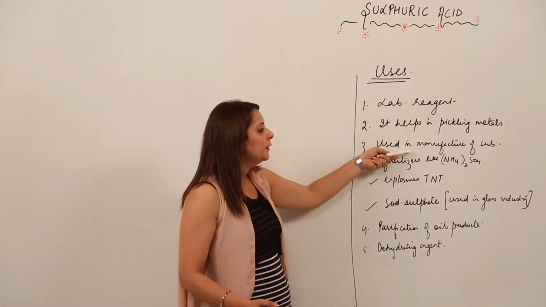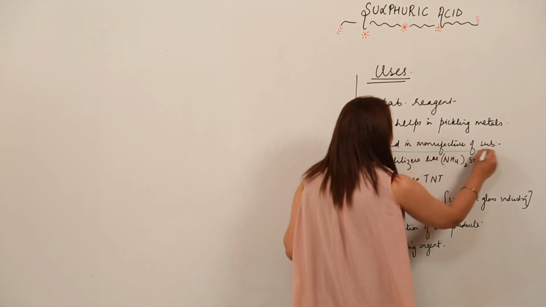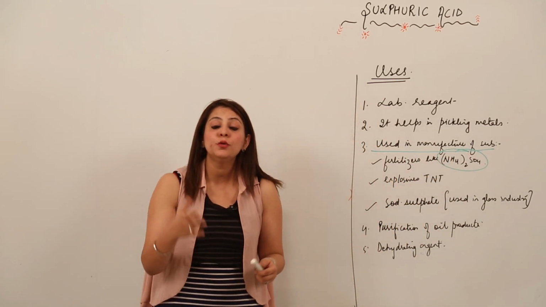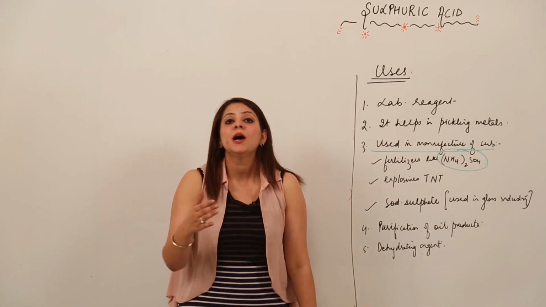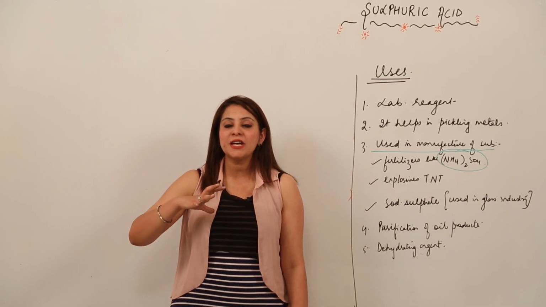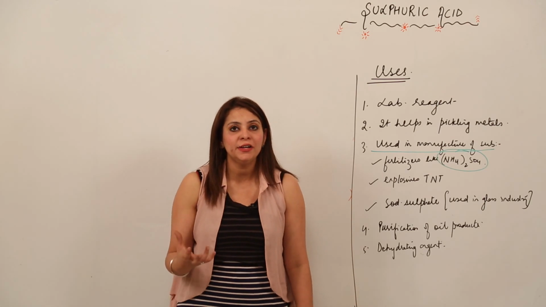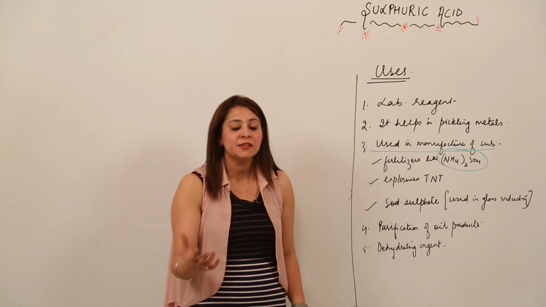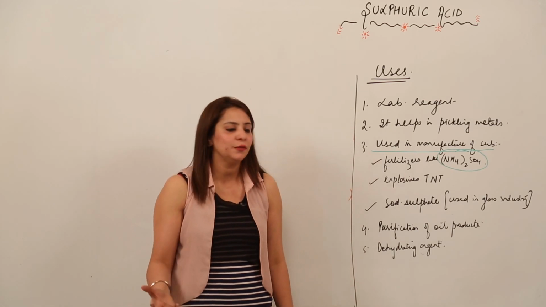Third, it helps in manufacturing of certain substances, like fertilizers. The most famous fertilizer is ammonium sulfate, which has a popularity in the field of agriculture, and many other fertilizers are formed with the help of sulfuric acid.